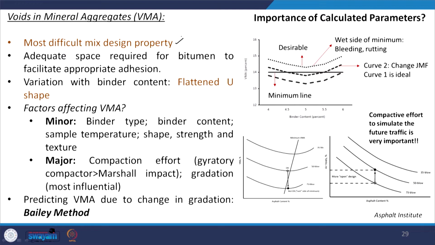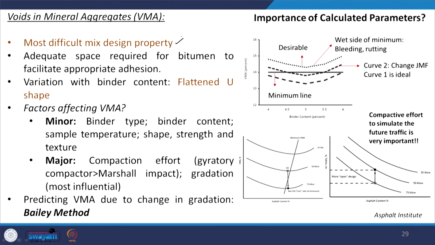One important point here is that what VMA does is that it provides space in the bituminous mixture. If you remember, we have discussed the maximum density line. We say that we can have aggregate gradation in a very closely packed form such that the air voids between the aggregate particles are not actually 0, but very less.